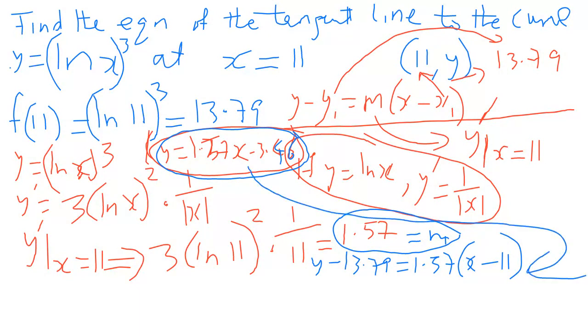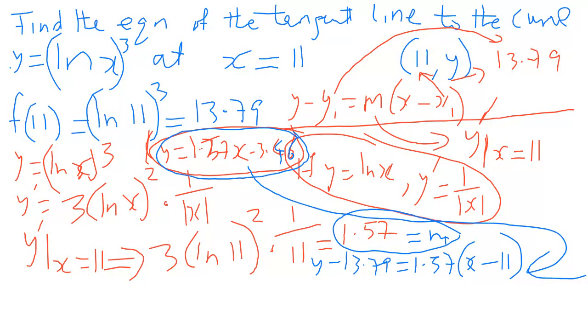All right, so whenever you're told to find the equation of a tangent line, you make sure you have 2 points. You have a point. If you're given only x, first find the value of y, because you want a complete point where you have x and y. So that's what I did.